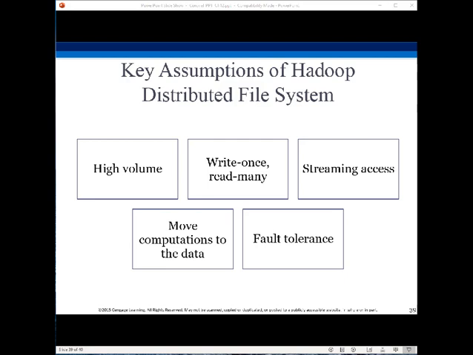It provides redundant storage for massive amounts of data on cheap and unreliable computers. Files are replicated to handle hardware failure. It detects failures and then recovers from them. A couple of examples are Google File System and Hadoop File System.